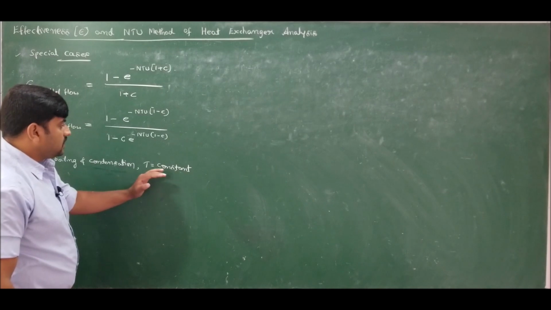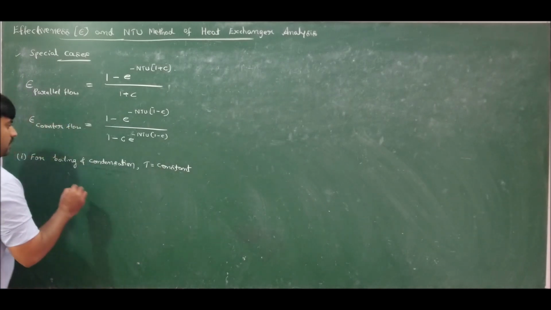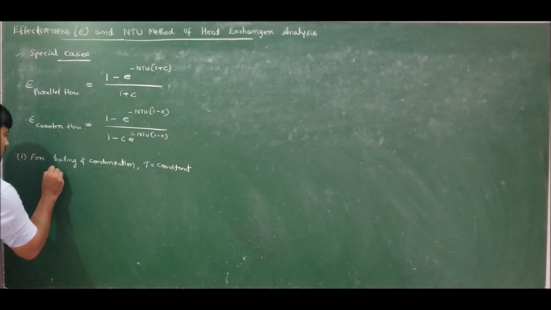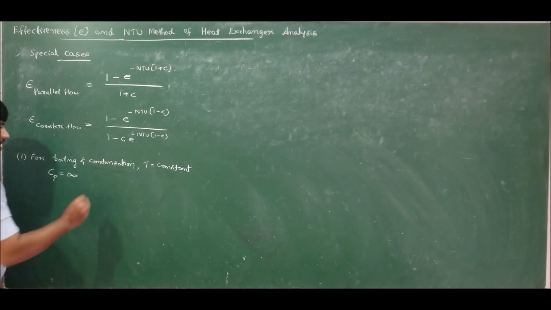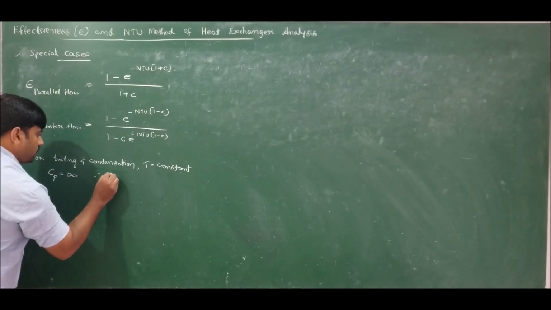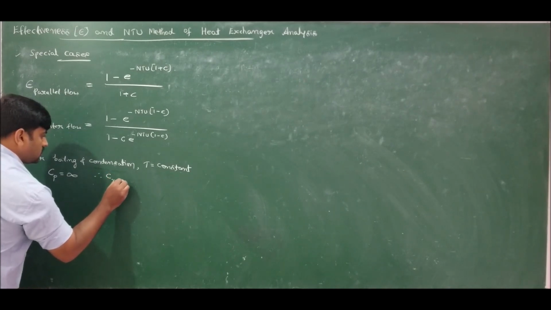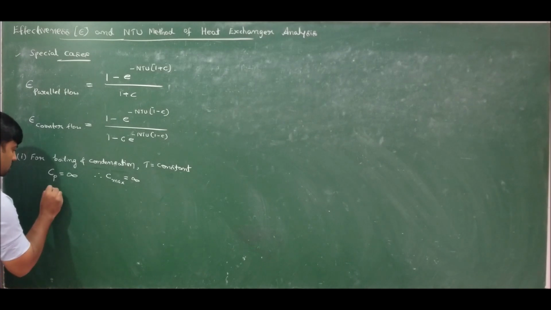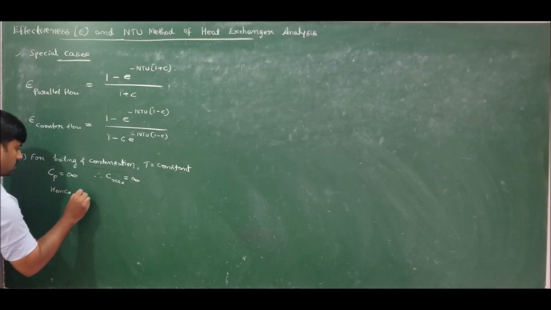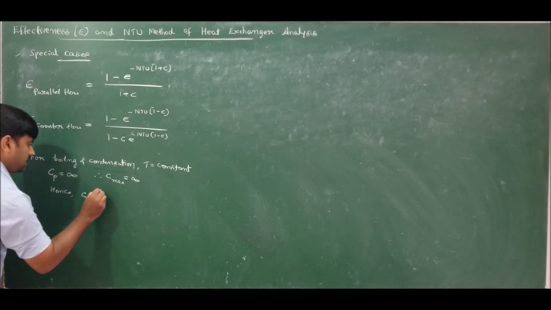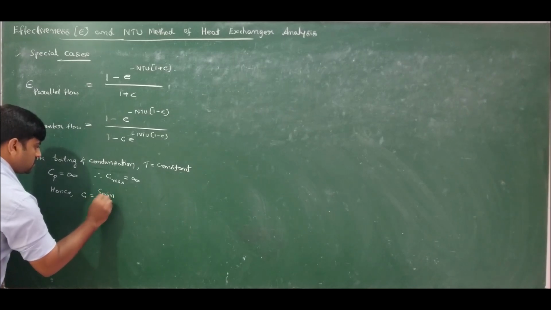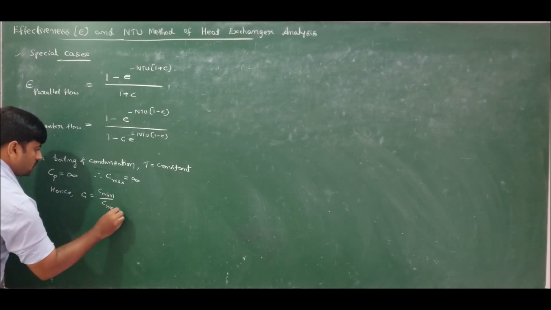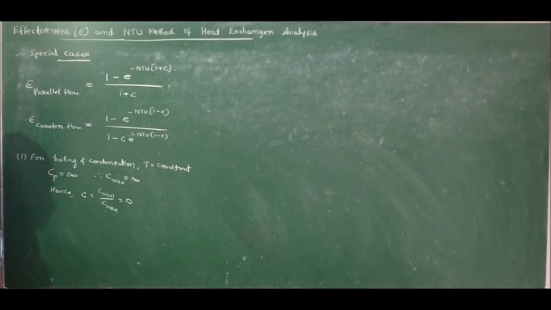So since temperature is constant and phase is changing, Cp will approach infinity. So therefore, Cmax will also approach infinity. Hence, the value of C, that is C minimum by C max, will become 0.